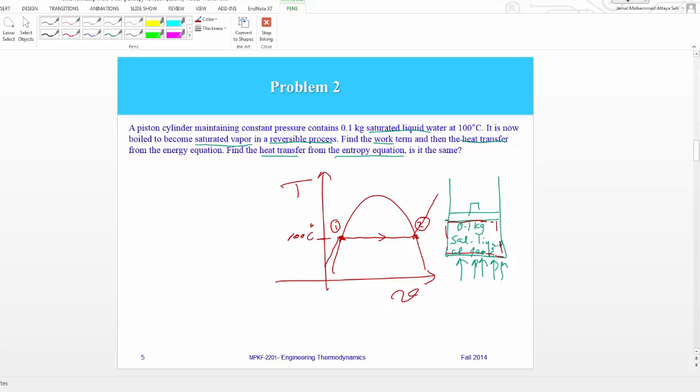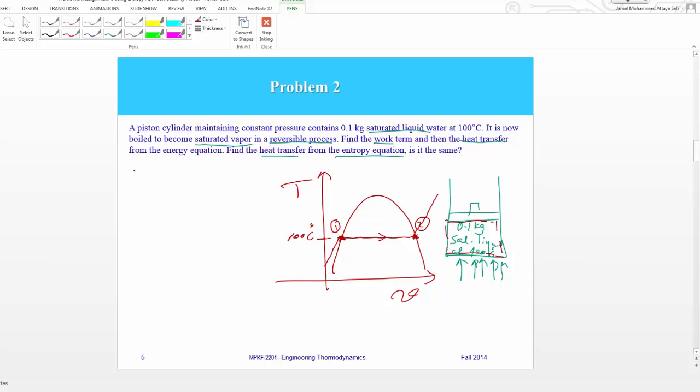The problem is asking that we first use the energy equation, the one that we use in chapter 4 for a closed system, to calculate Q, which is the heat addition, and also use entropy this time to calculate Q and compare between them to see if they are the same, basically.